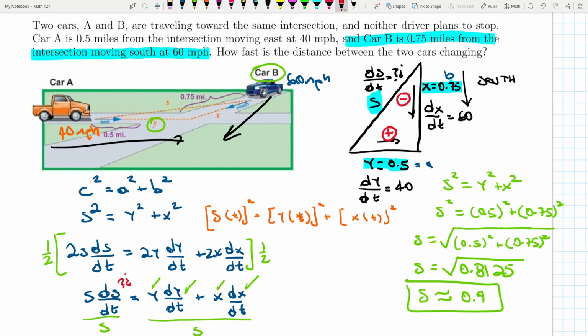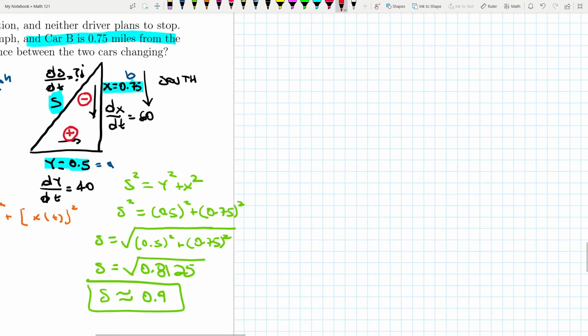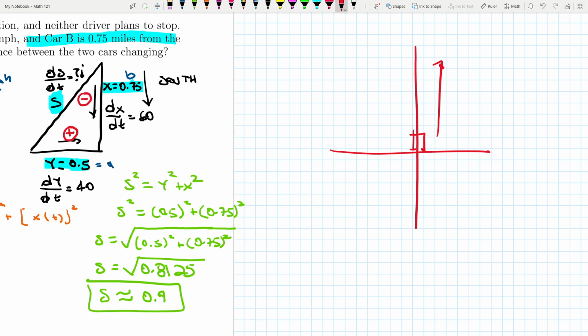Of course, we could have had the scenario in which the two cars leave an intersection, one car towards the north, the other car to the east. In both cases, they're both positive.